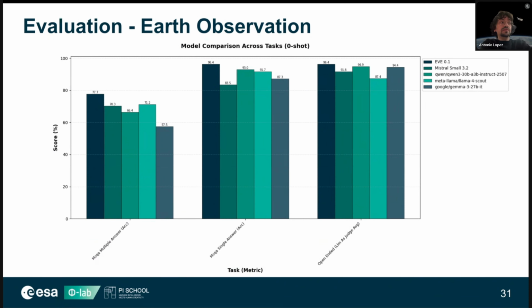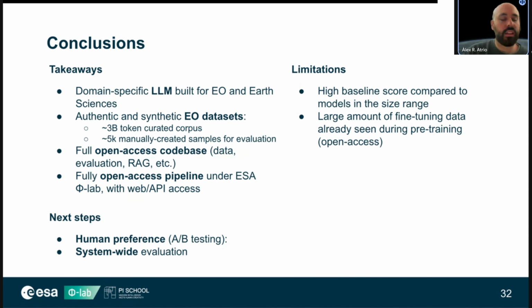This tells us that with a bit of loss in terms of the general domain, we can really tackle the Earth observation domain, and we can see a real improvement over these general purpose models that we see here.